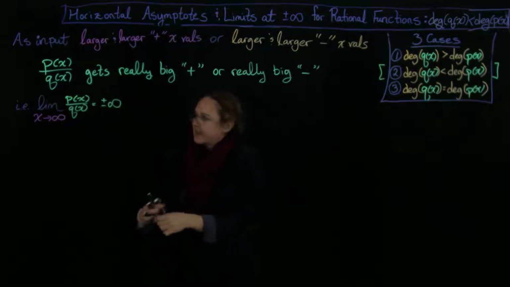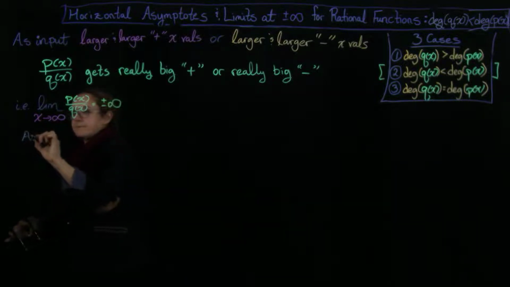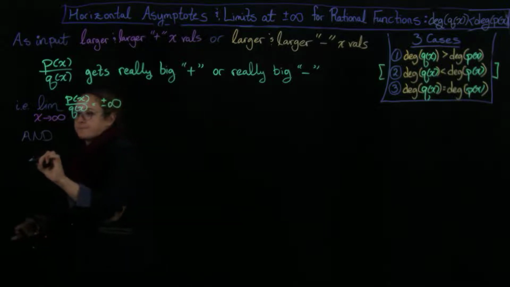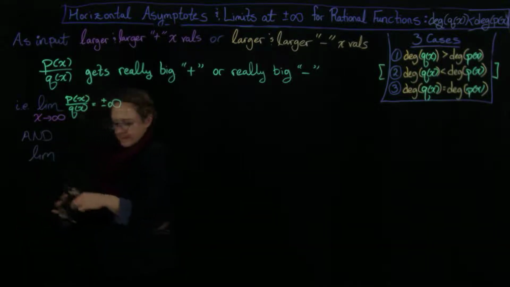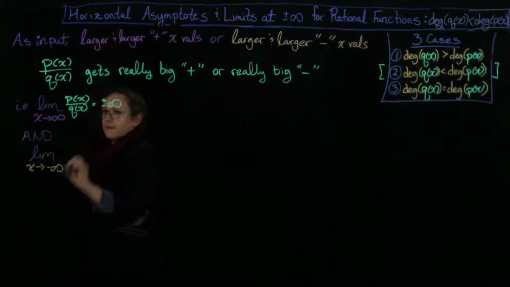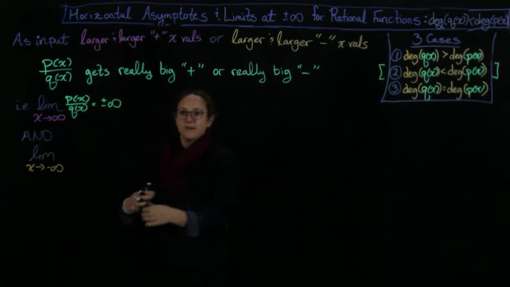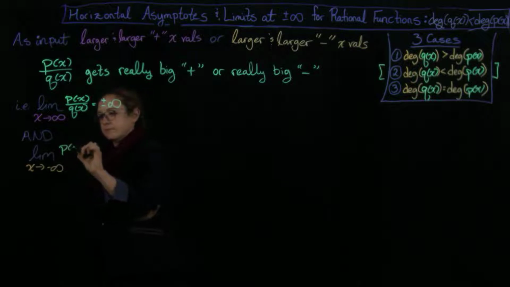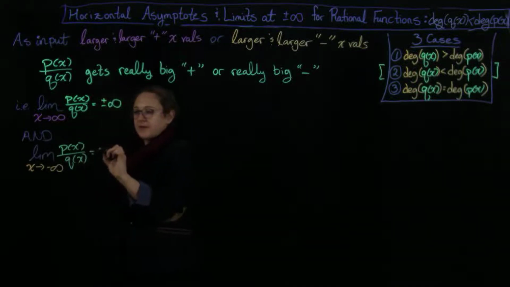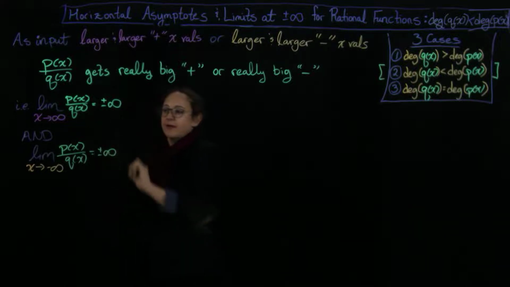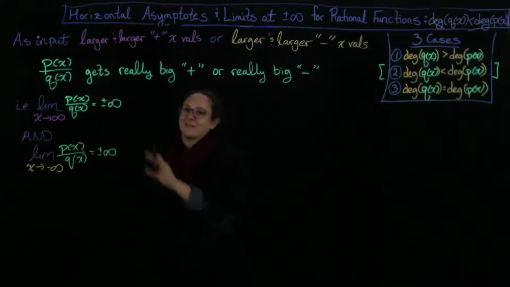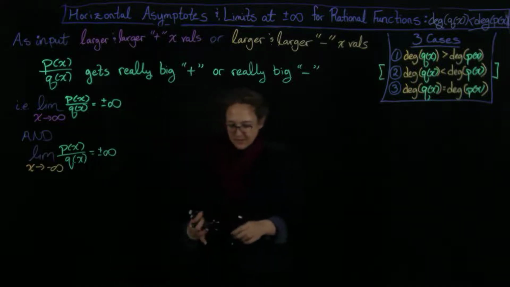And I have this limit as x goes to minus infinity of, again, p of x over q of x, which gets out plus or minus infinity. We talked a little bit about that before: that means you either get out positive infinity or negative infinity. That's what I mean by that notation.